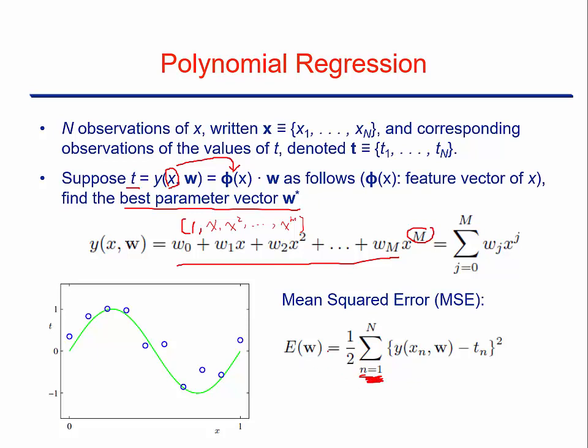So this is the sum of squares error function, not the mean squared error. If we use the sum of squares error function, it is measured by the sum of the squares of the differences between the predicted value and the true target value.